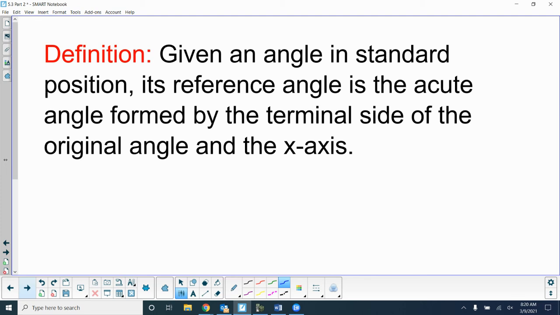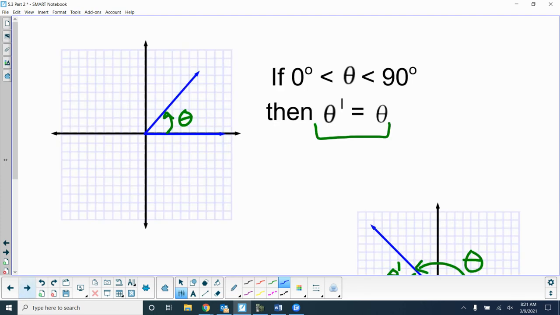All right. It says, given an angle in standard position, its reference angle is the acute angle formed by the terminal side and the x-axis. Okay? So, if I'm in the first quadrant, the reference angle is whatever you got, somewhere between 0 and 90 degrees.